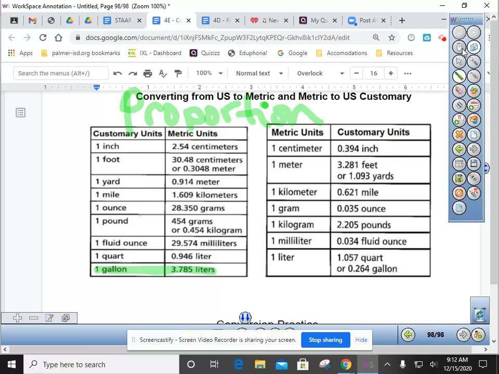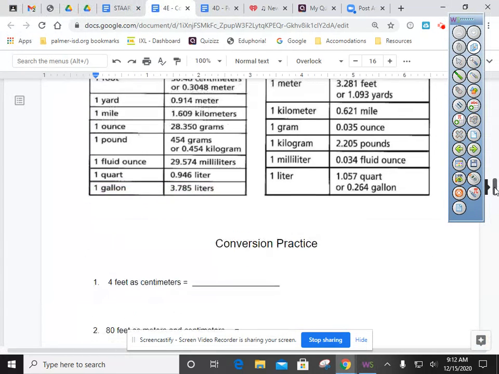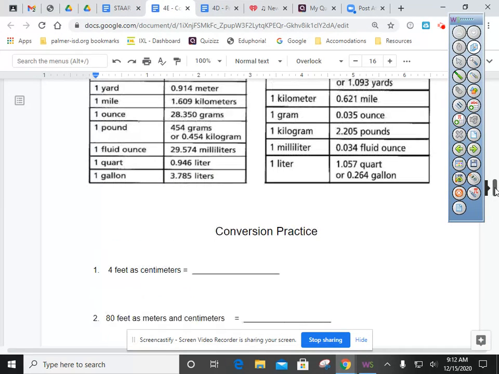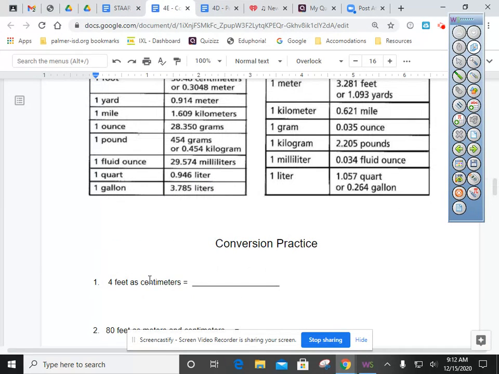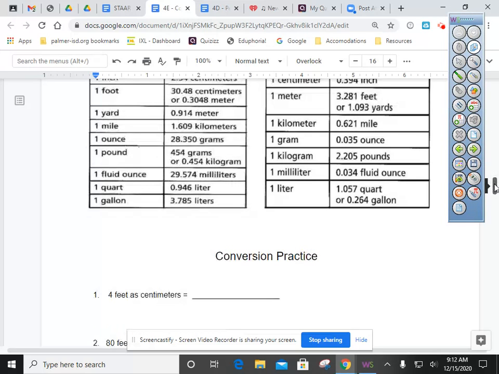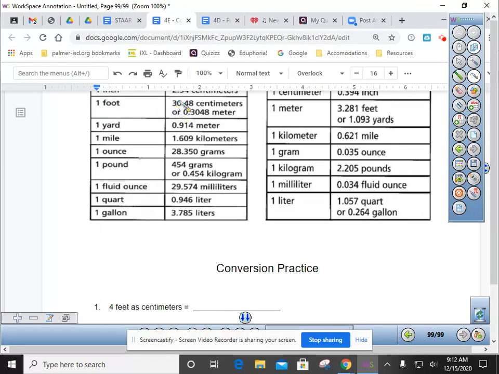We're going to write proportions again. Okay? So to kind of start, just pretty simple. Like if you look at number 1, right here underneath it, it says 4 feet is how many centimeters. So I'm going to find a foot. So right here it says 1 foot is 30.48 centimeters. I'm not going to use 30.48. I'm going to use like probably 30.5.